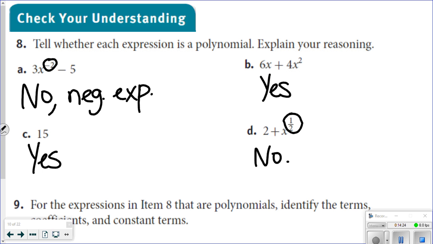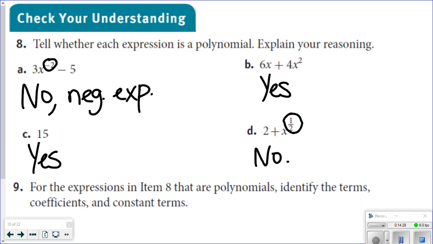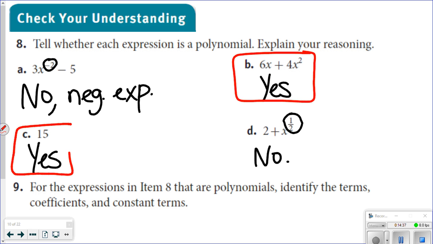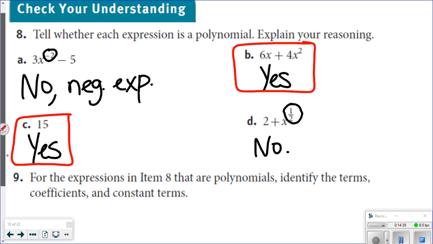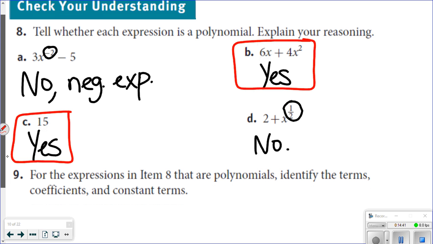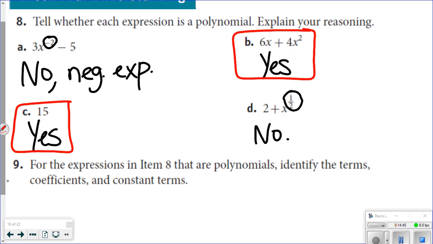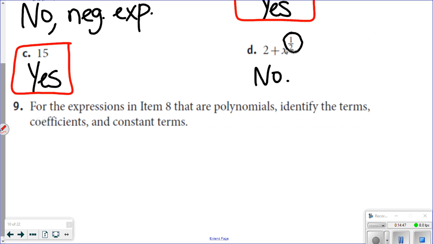Okay? For the expressions in question 8 that are polynomials, so letter B and C, identify the terms, the coefficients, and the constant terms. Okay? So I'm going to kind of organize my work here.